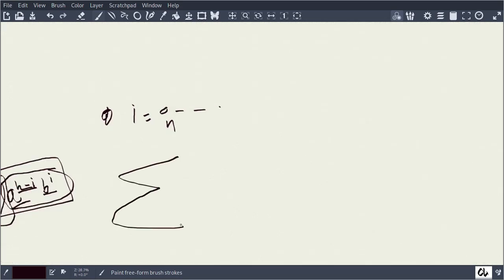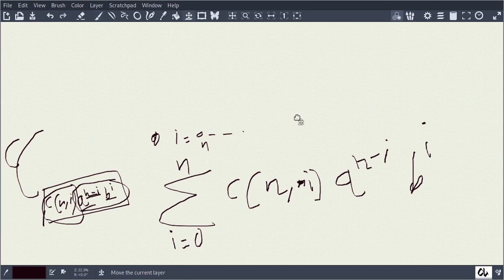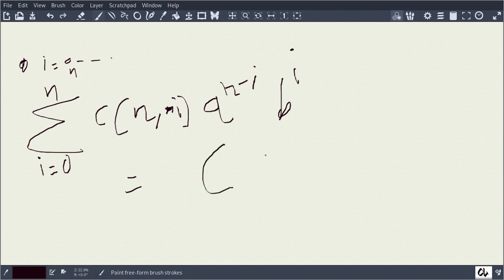So as we add everything up, I would start from 0 to n, and we always add combination of n comma I as the coefficient, times a to the n minus I and b to the I, which must be equal to a plus b raised to the power of n.